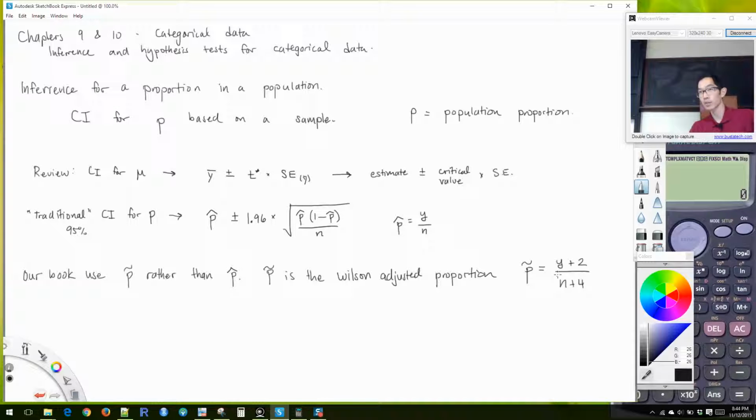And this also has the opposite effect when you're in the extreme proportions where your sample's likely to be 100%. So if you said, what proportion of people have 10 fingers, maybe you surveyed 50 people, and all 50 people that you surveyed have 10 fingers. So in that case, your p hat would be 1, and again, you would have no standard error.